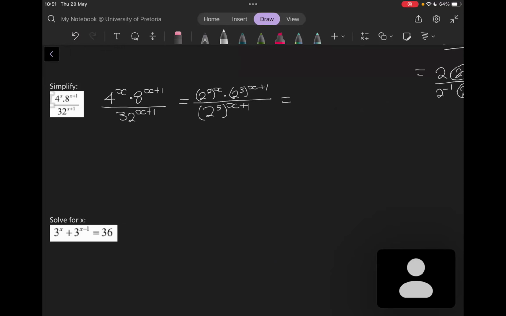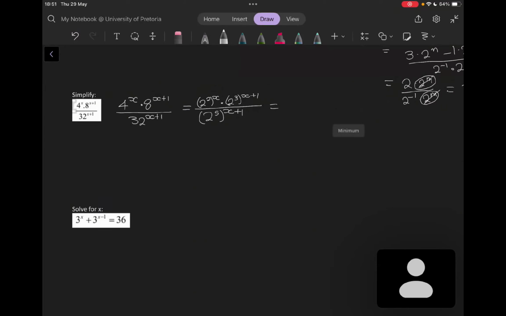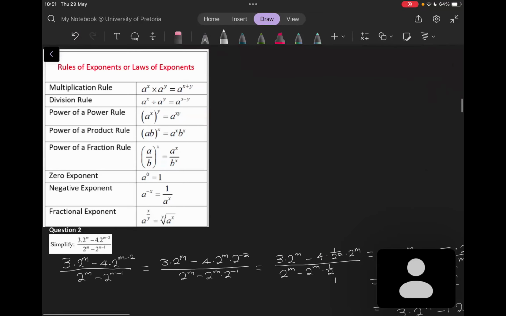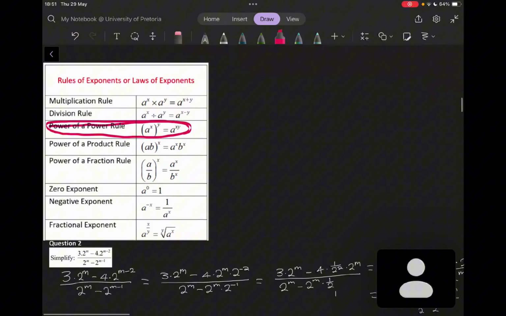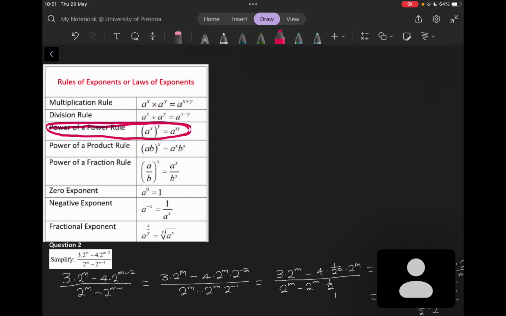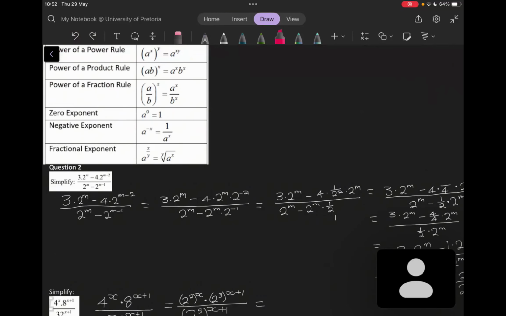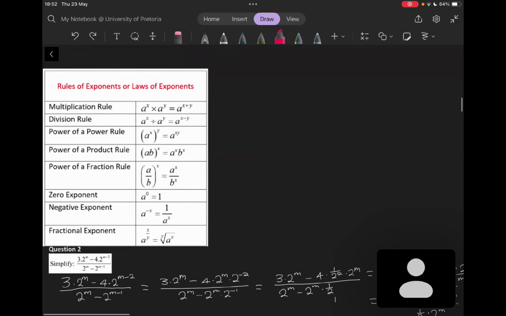The next step here is to call on this rule right here, the power of a power rule. I cannot stress this enough. It is very, very important that you guys remember the law of exponents. I find that the students who struggle with the exponents section are the ones that haven't memorized the law of exponents.